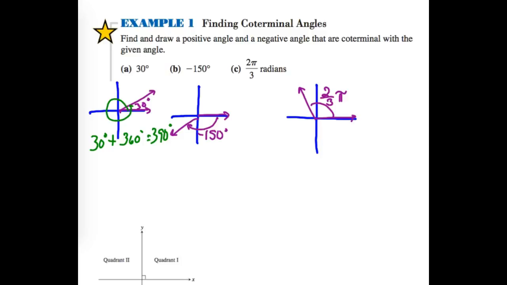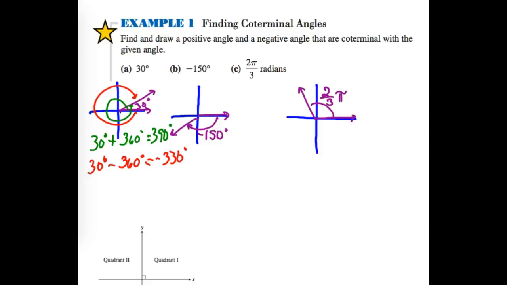For the negative one, if I take 30 degrees and subtract 360, I'm at what? Okay, negative 330 degrees, which means I would be going in a negative direction. So that angle would go all the way to here. Yes? So either draw separate axes to show the different angles or use different colors like I did. Okay, but you need to be very clear which one's which.